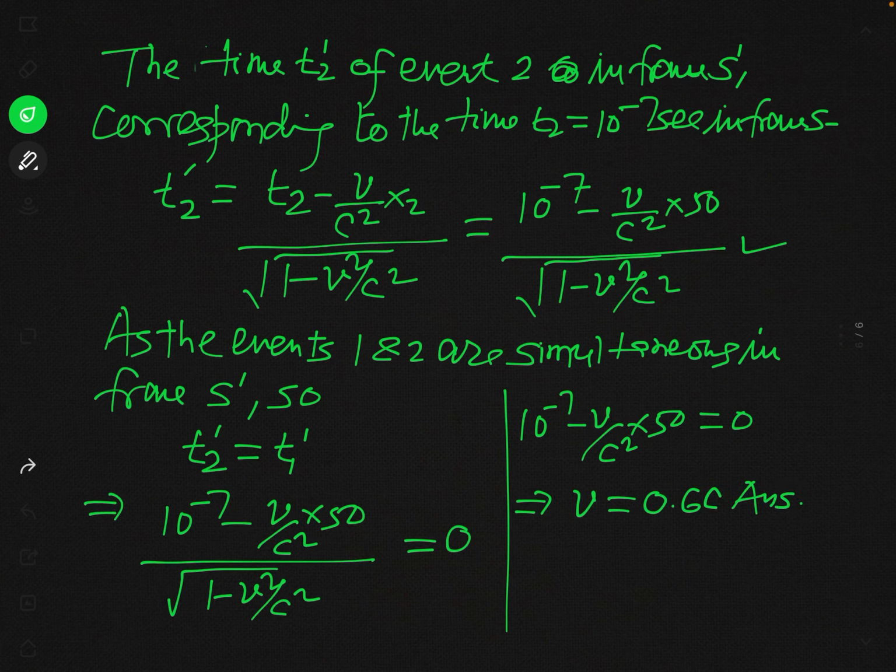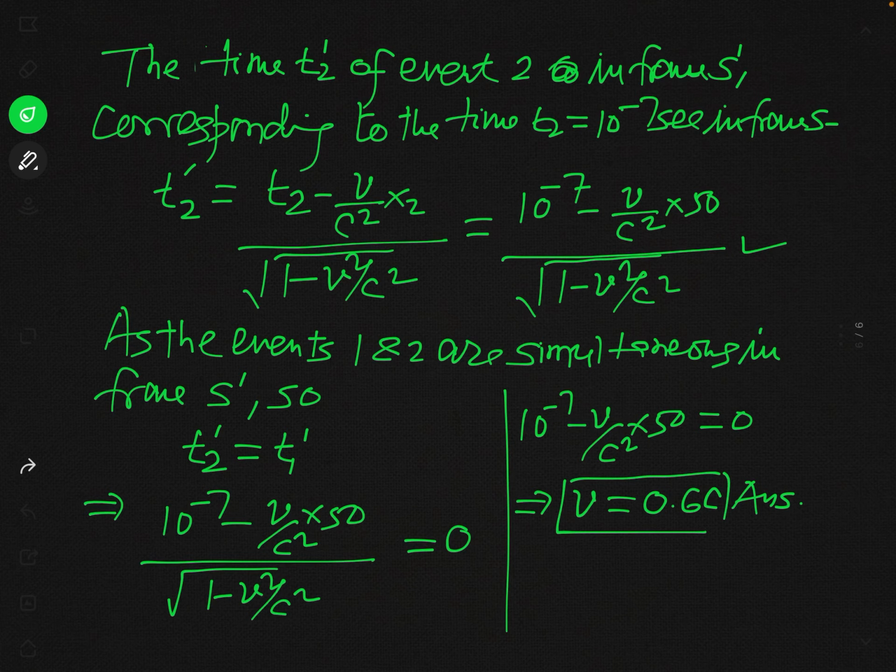So this is the answer of the first part of your problem. If the frame S prime moves with this velocity 0.6 c in x direction, then the observer of this frame will find that the two events are taking place simultaneously.